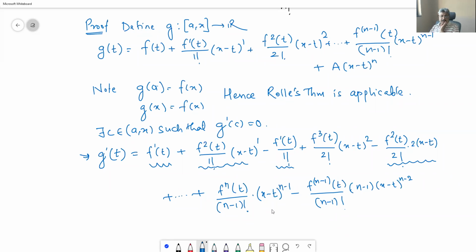I am done with it, and then I am supposed to differentiate the last term, which is plus A times x minus t raised to n, minus sign, n x minus t raised to n minus 1.